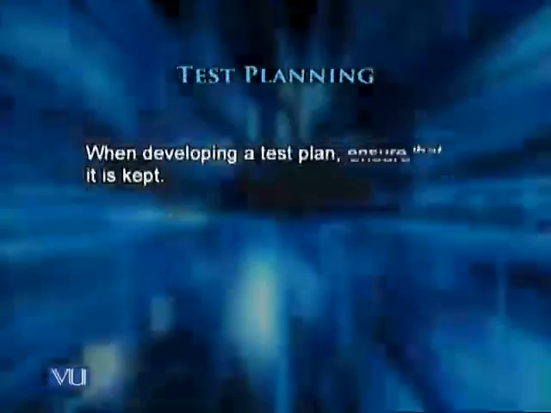And so before a test plan is written, these three major resources must be identified clearly and agreed on with the project management.